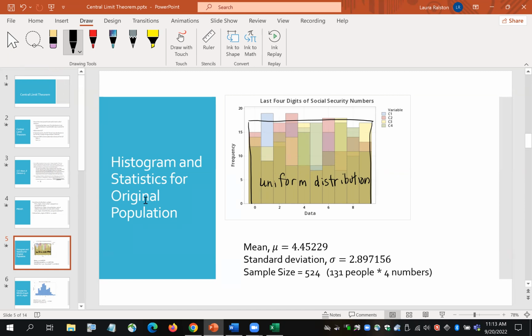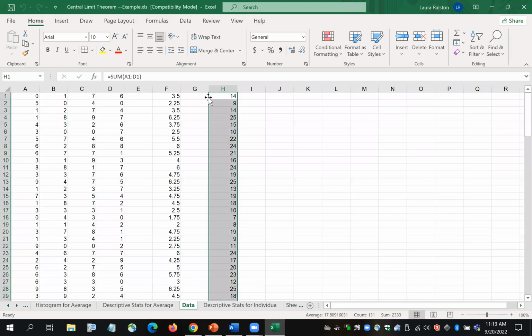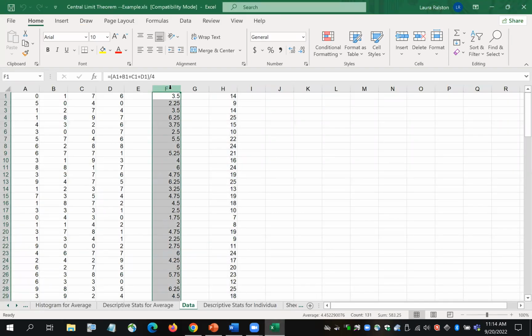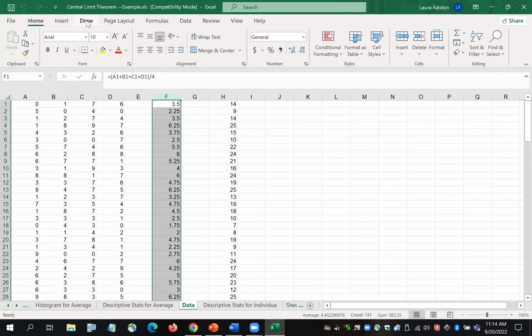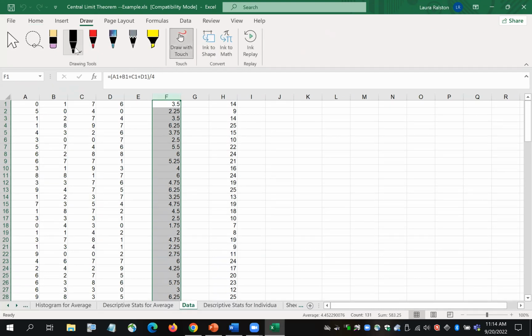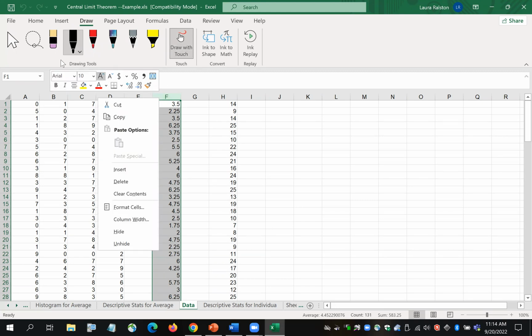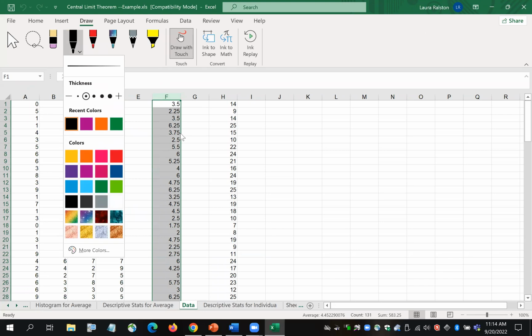Okay, so we've looked at them as individual values, and it looks like my distribution is uniform. Then I created, or found, the mean of those 4 numbers.